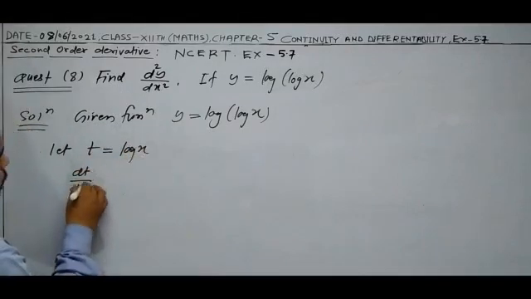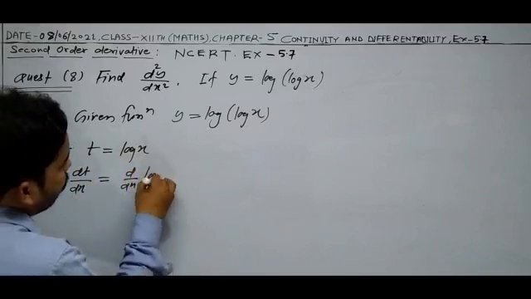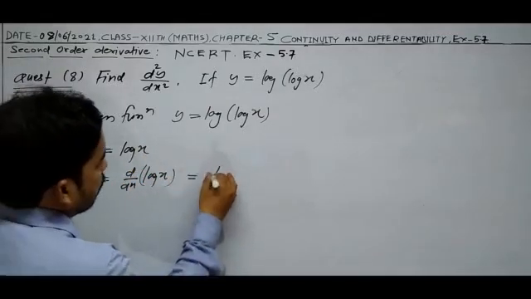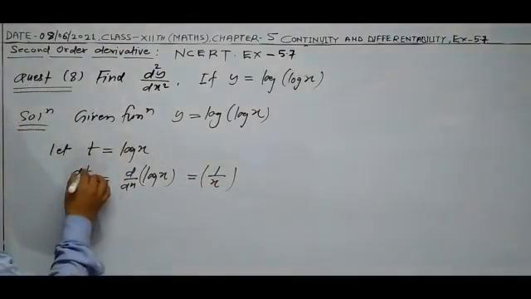Then dt by dx will be equal to d by dx of log of x, so its result will be 1 by x. Means dt by dx is 1 by x.